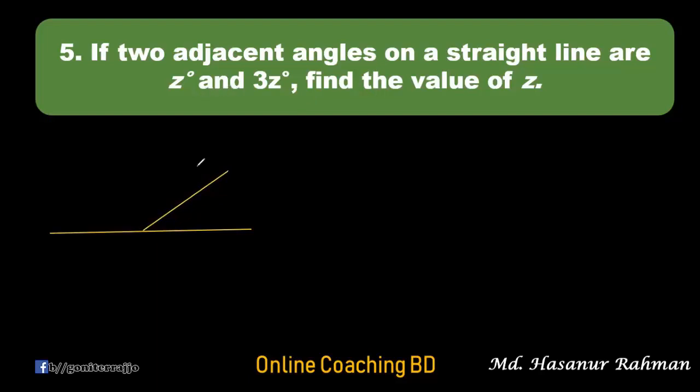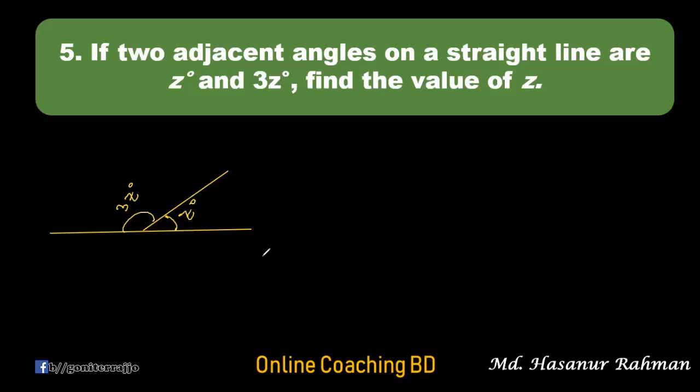That means if this one is z degree, this one should be 3z degree. And this is totally a straight line. That means we can create a straight angle. What is straight angle? Straight angle means 180 degree. That means this z degree is supplementary to 3z degree, or 3z degree is supplementary to z degree.